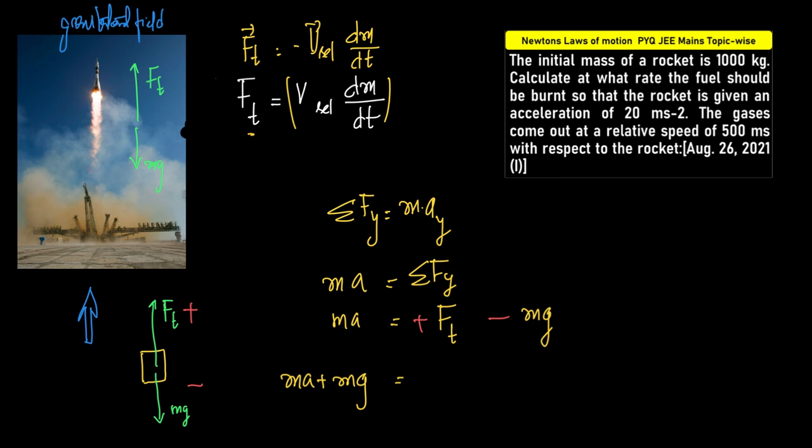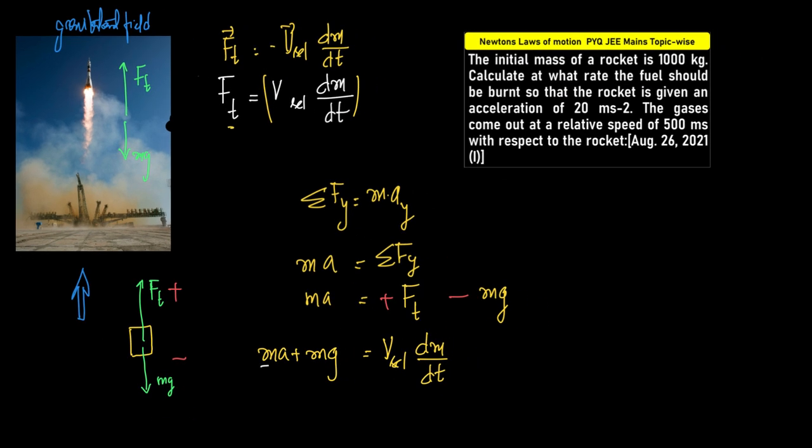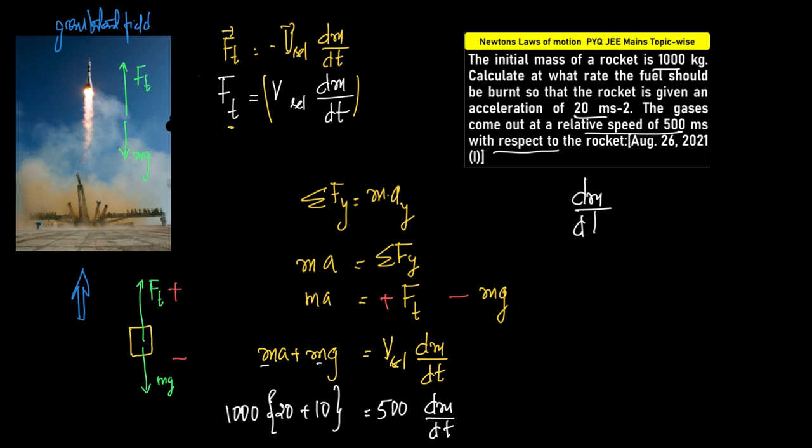What is F_t? V relative into dm/dt. Taking m common, the mass is 1000 kilogram, so 1000 into acceleration 20 meter per second square, plus g, the value of g is 10, is equal to V relative, the relative speed of 500 meter per second with respect to the rocket, so 500 into dm/dt. Basically, dm/dt is equal to 1000 into 30 the whole upon 500.